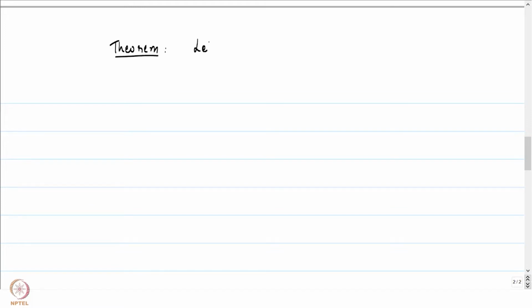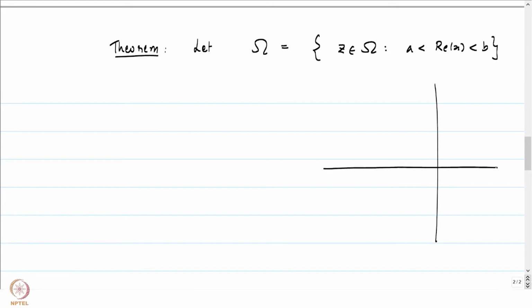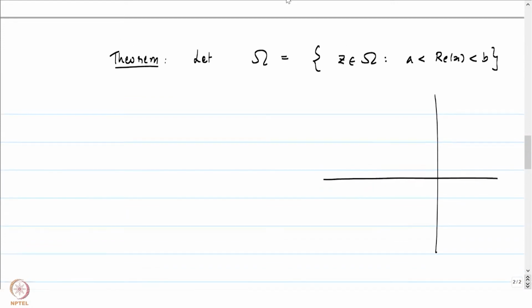Let omega be the set of all z such that a is less than the real part of z is less than b. So the strip we are considering is the following: x is going to have some bounds like this.